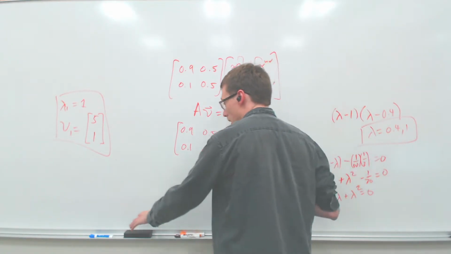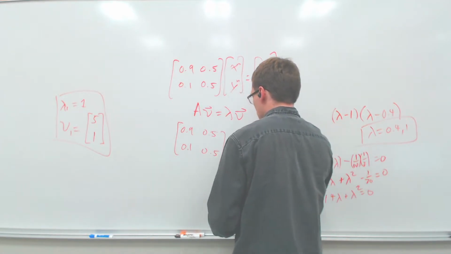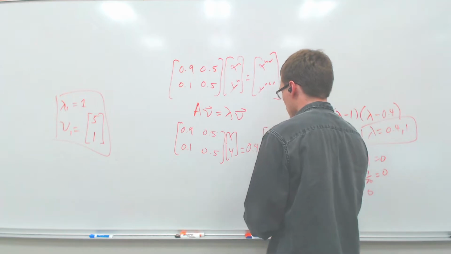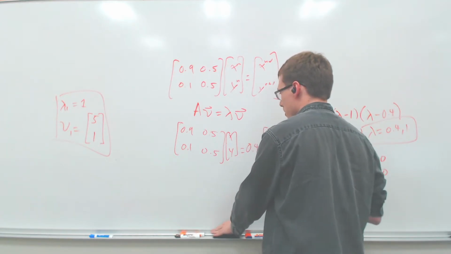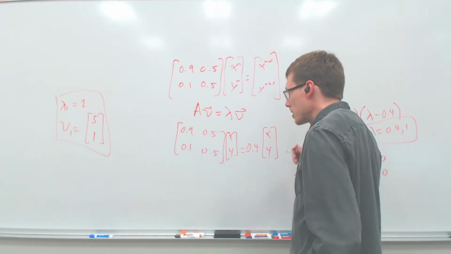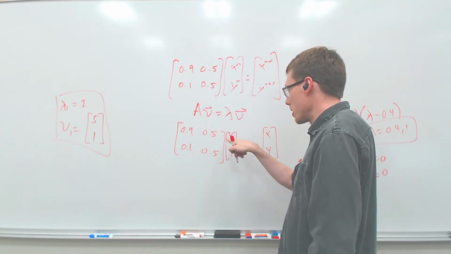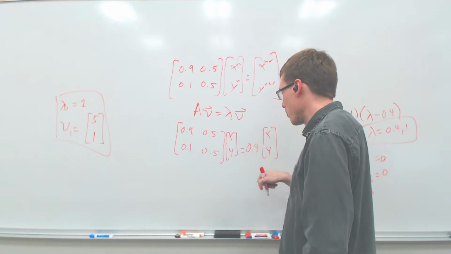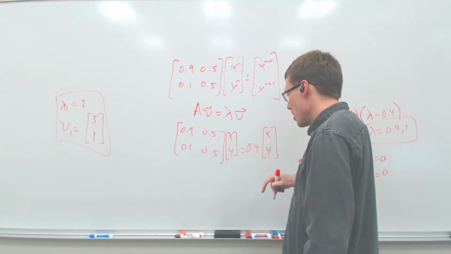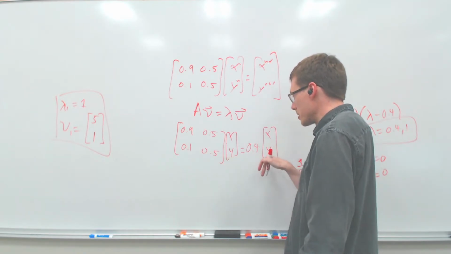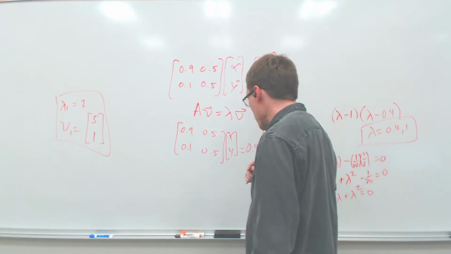Or x, y. Here we're going to get more or less the same thing, except now instead of having 0.9x plus 0.5y equal to x, it's now going to be 0.4x on the other side. And once again, you're going to get the same thing on the bottom there. It doesn't really matter.